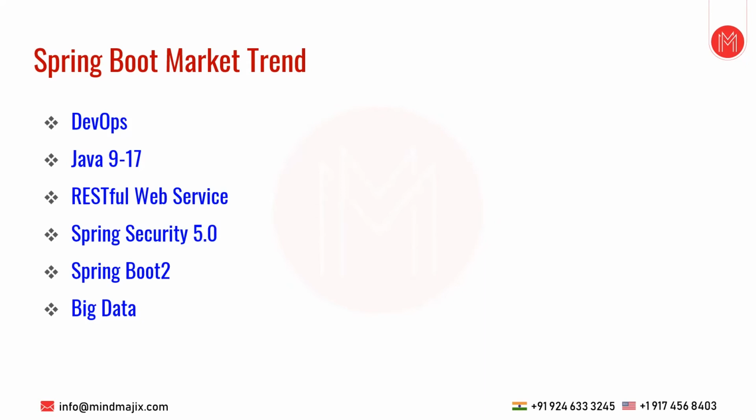This release includes 55 bug fixes, documentation improvements, and dependency upgrades. So you can get more information in the Spring blog related to Spring Boot version 2. As I already told you, the current version we are using is Spring Boot 2.x.